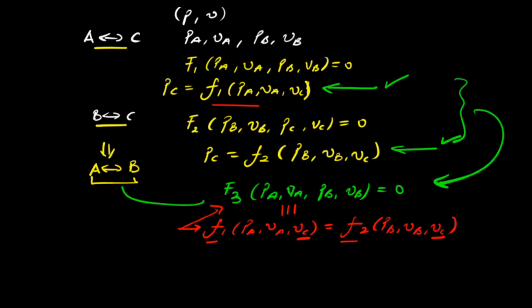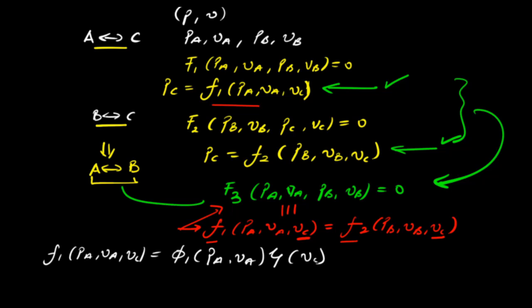In other words, we must have these functions of the form f1, which is a function of PA, VA and VC, equal to, let's say, phi1, which is a function of PA and VA, times some other function of VC, plus some other function of VC only.